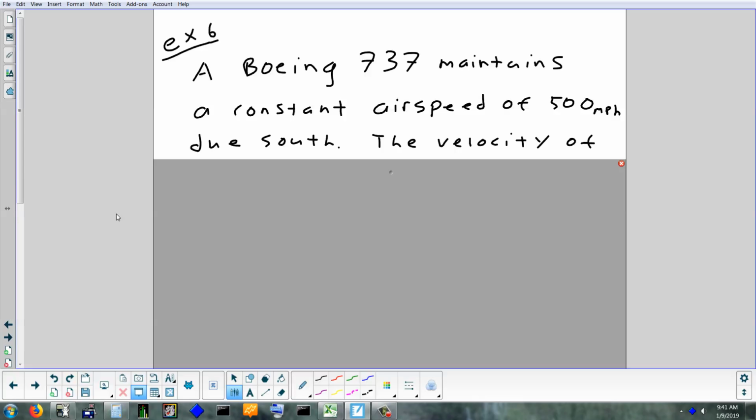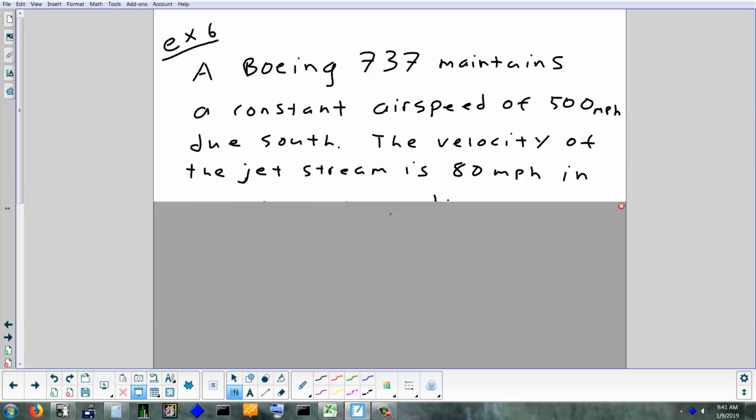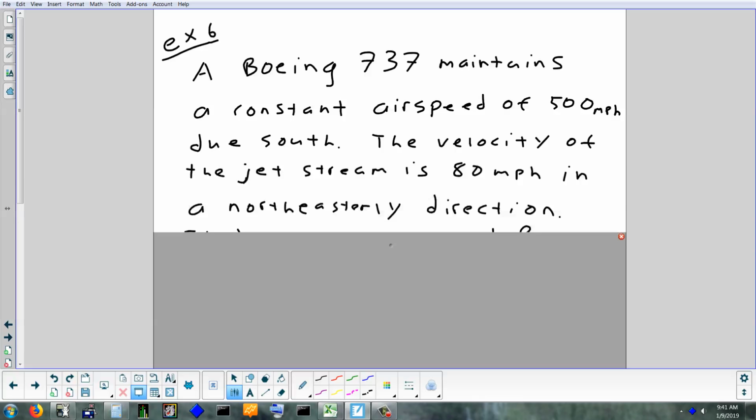So airspeed is 500 miles an hour. The wind, which we're calling the jet stream, is 80 miles an hour. Now the direction of the jet stream is northeast. Wait, so the jet stream is what you count as the wind that's already there? That's the wind that's blowing, yep. And we're going to assume that it never changes. It's just going to be the same direction, same speed. The wind's pretty constant.